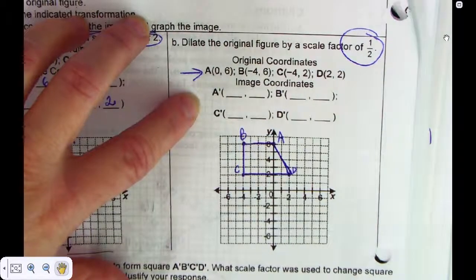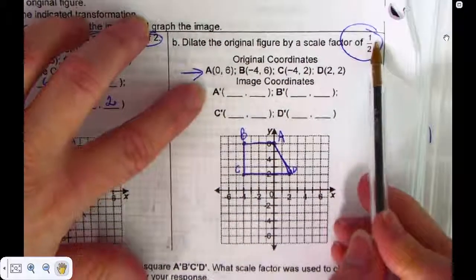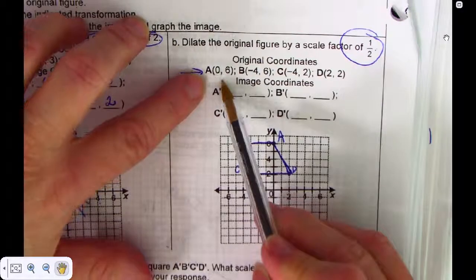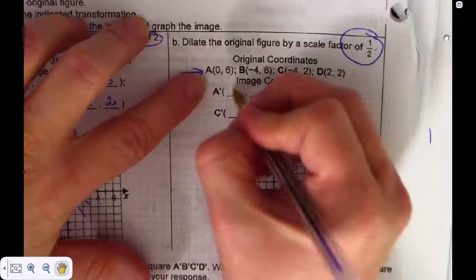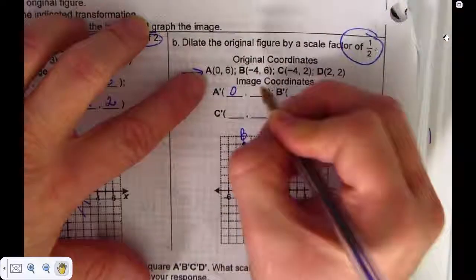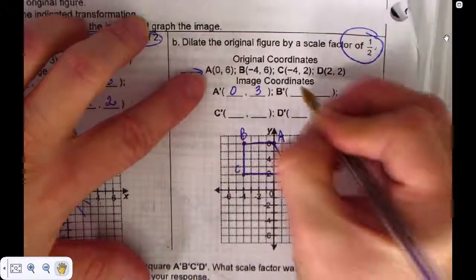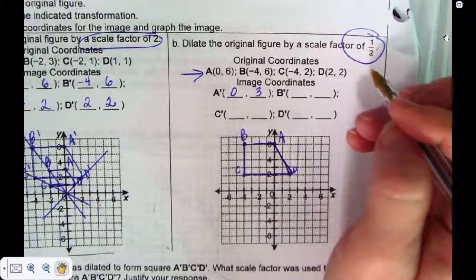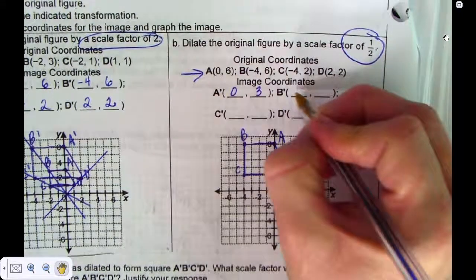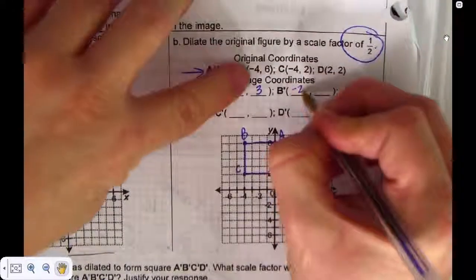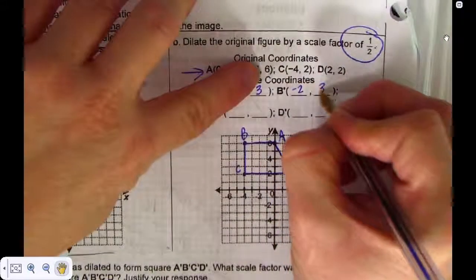Very good. We're going to take half of these coordinates. Half of 0, 0. What's half of 6? 3. Half of negative 4. -2. Half of 6. 3.